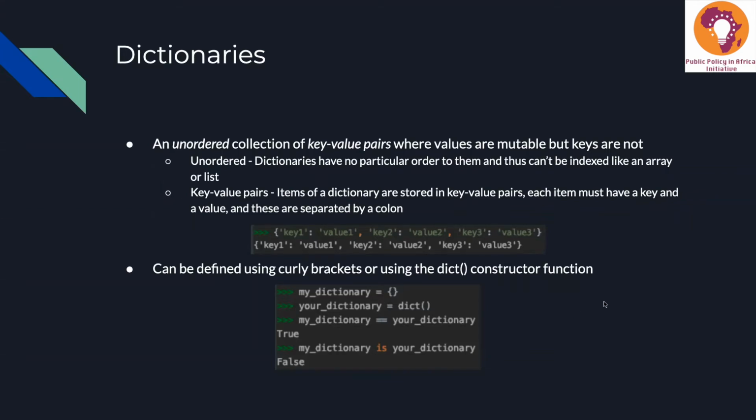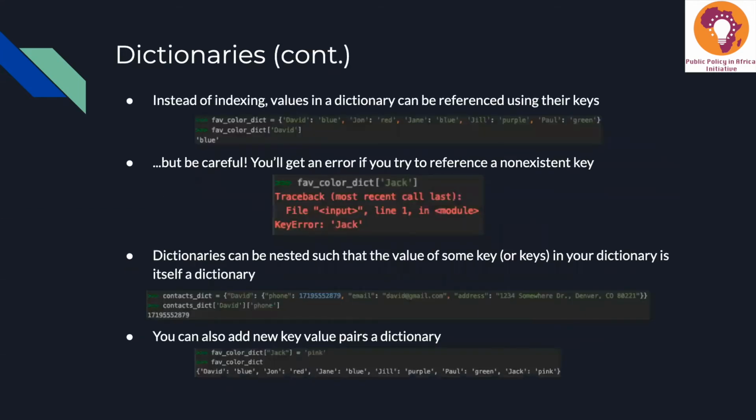Continuing on, because I don't see any questions in the chat. So, dictionaries continued. Instead of indexing, values in a dictionary can be referenced using their keys. If I created a favorite color dict here, my key value pairs are David: blue, John: red, Jane: blue, Jill: purple, and Paul: green.